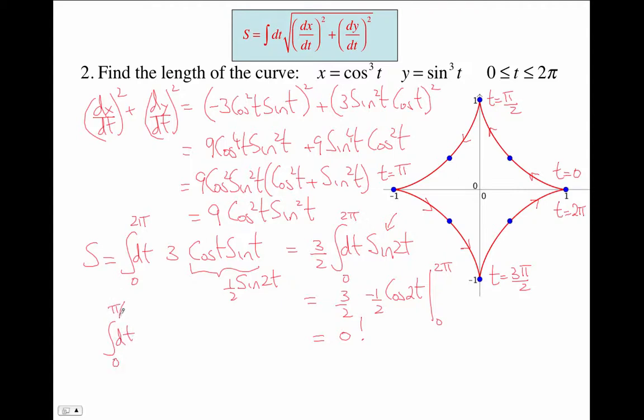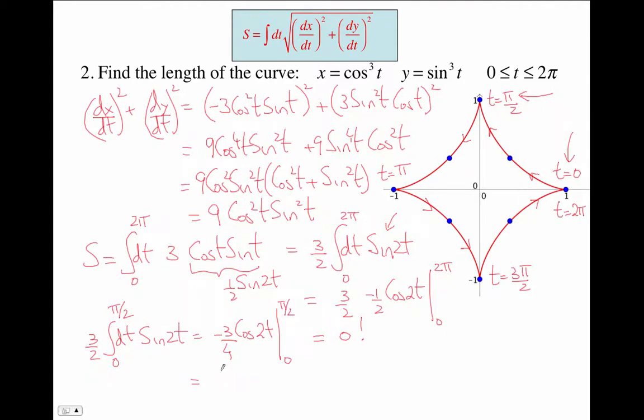However, now let's ask, what is the distance that would be covered if we go from 0 till pi by 2? In other words, starting from here and ending over here. Now, if we just put this over here, 3 over 2 sine 2t, and this is now minus 3 over 4 cosine of 2t from 0 not to 2 pi but to pi by 2.